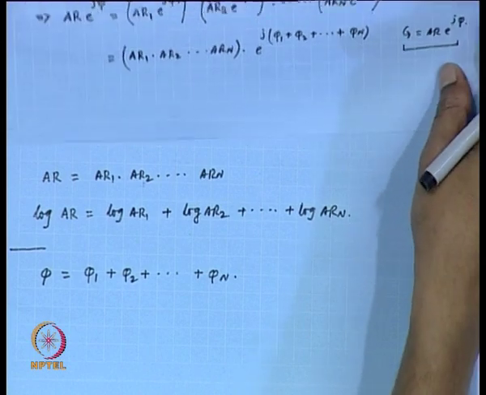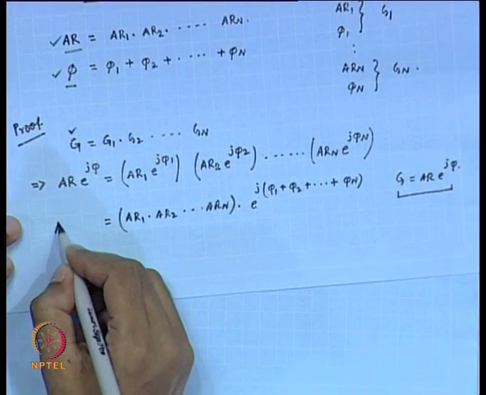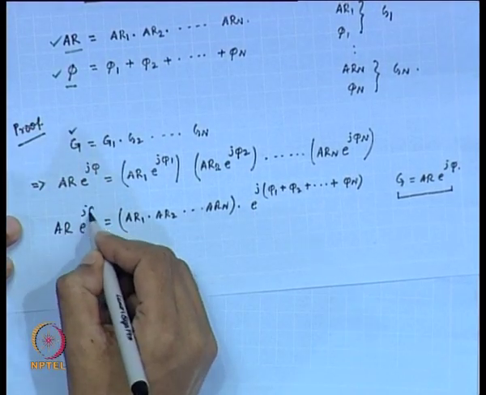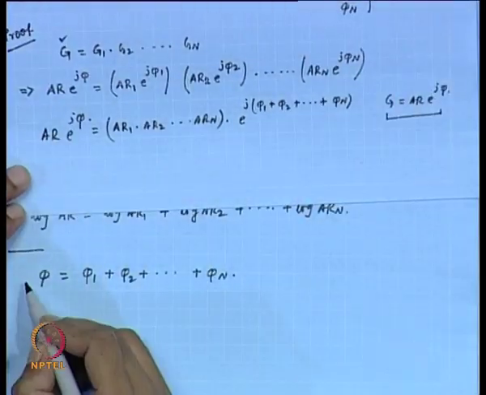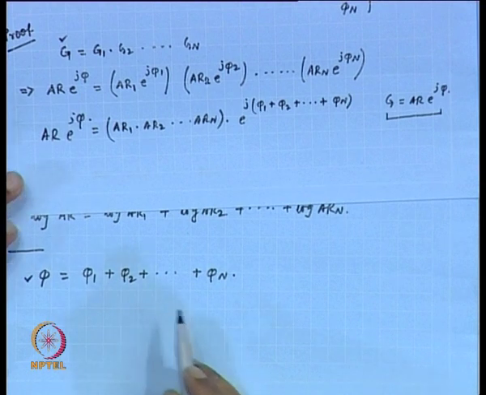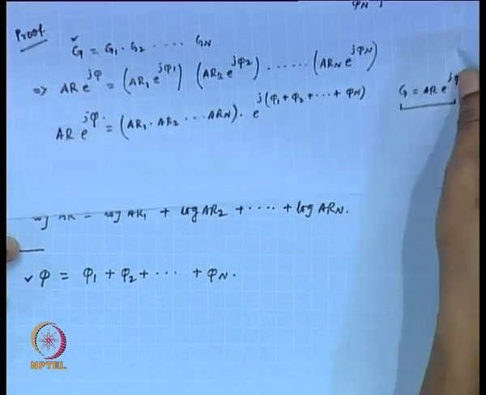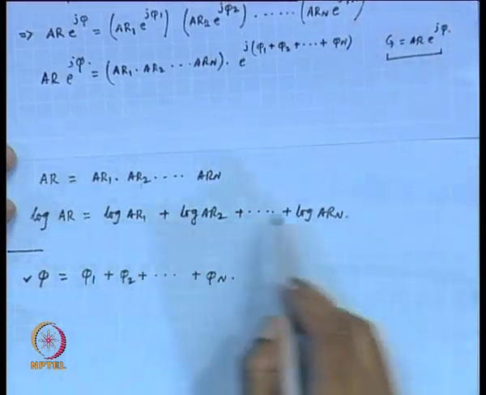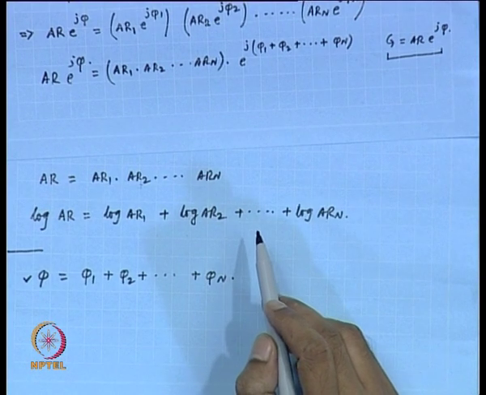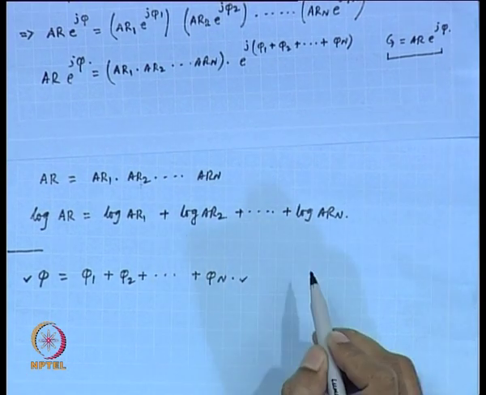Comparing left hand side and right hand side, we obtain phi as the summation of all individual phase angles. So, these are the two expressions. Sometimes this amplitude ratio is represented in logarithmic form, and this is the expression for phi.